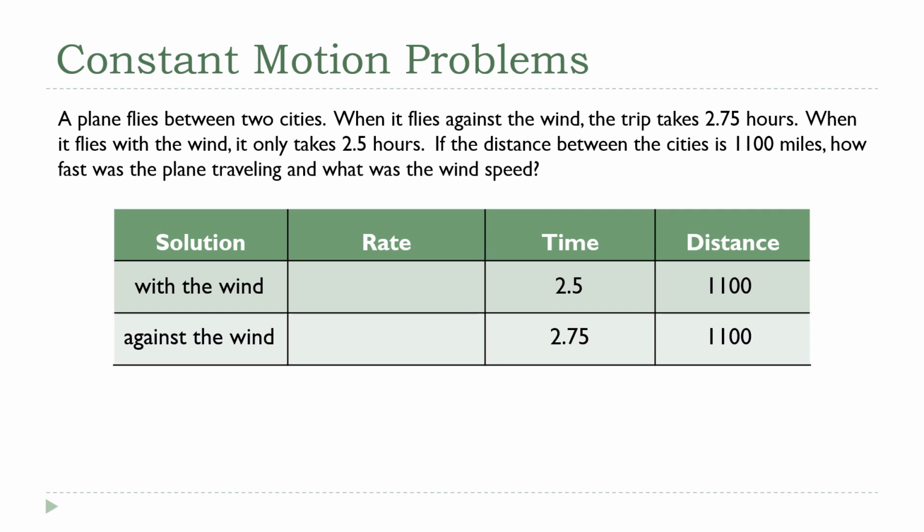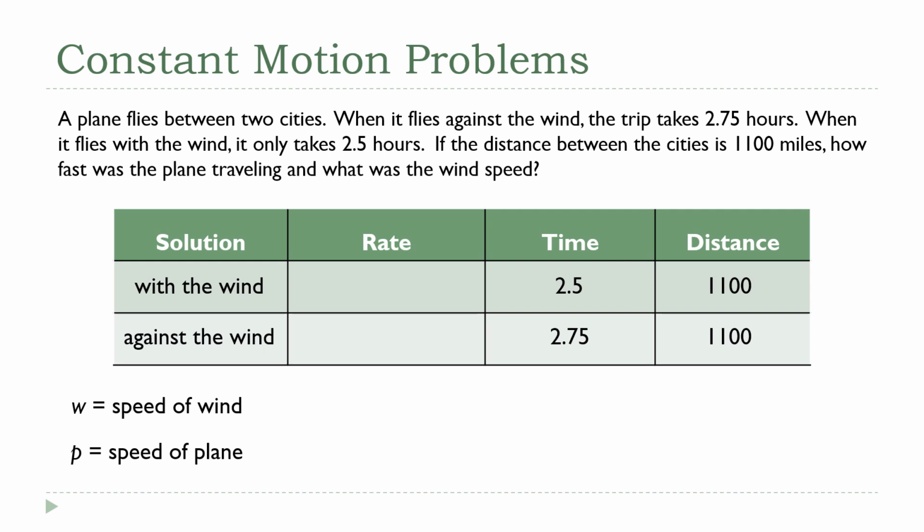Okay, so I'm being asked for two things, the two speeds. That makes me think I'm going to need two variables. So I'm going to let W be the speed of the wind, and I'm going to let P be the speed of the plane. All right, so what does that give me for the rates? Well, when the plane is going with the wind, that means the wind is behind the plane.